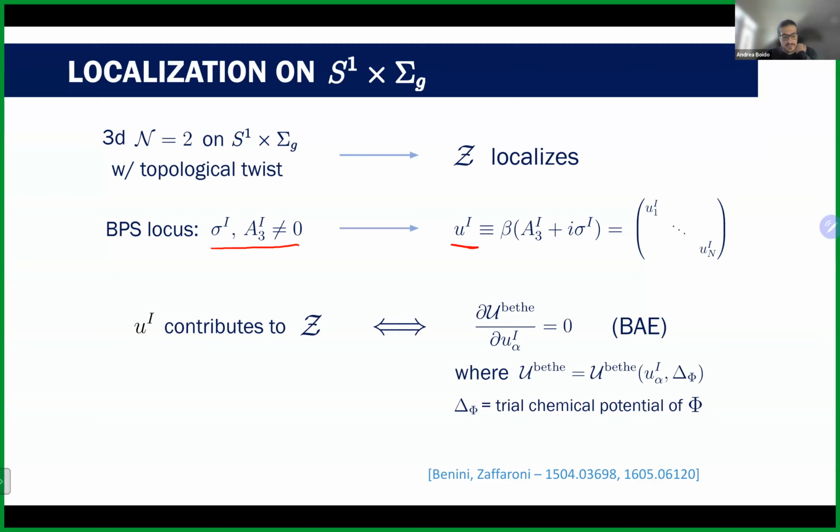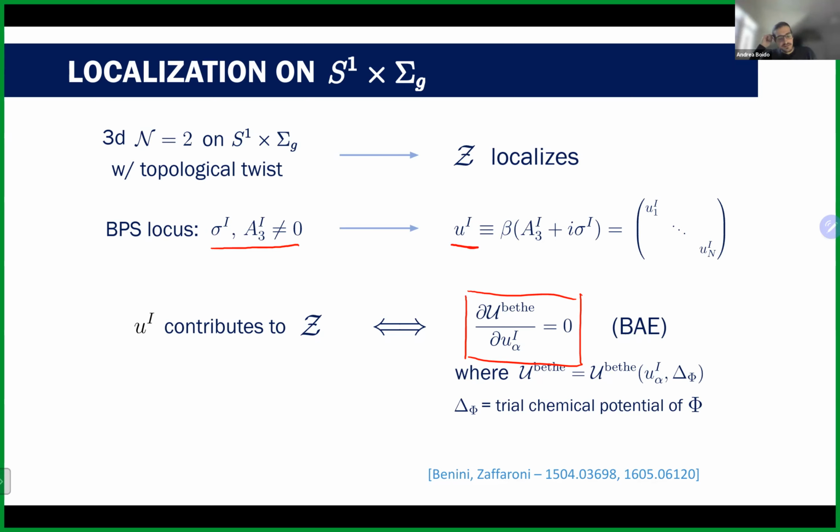The important thing now is that not any such configuration contributes to Z, but by doing some residue analysis, you can see that the UI that contribute to Z are just those that satisfy this equation here, which I'm calling the Bethe ansatz equation, and actually equations because there is more than one.